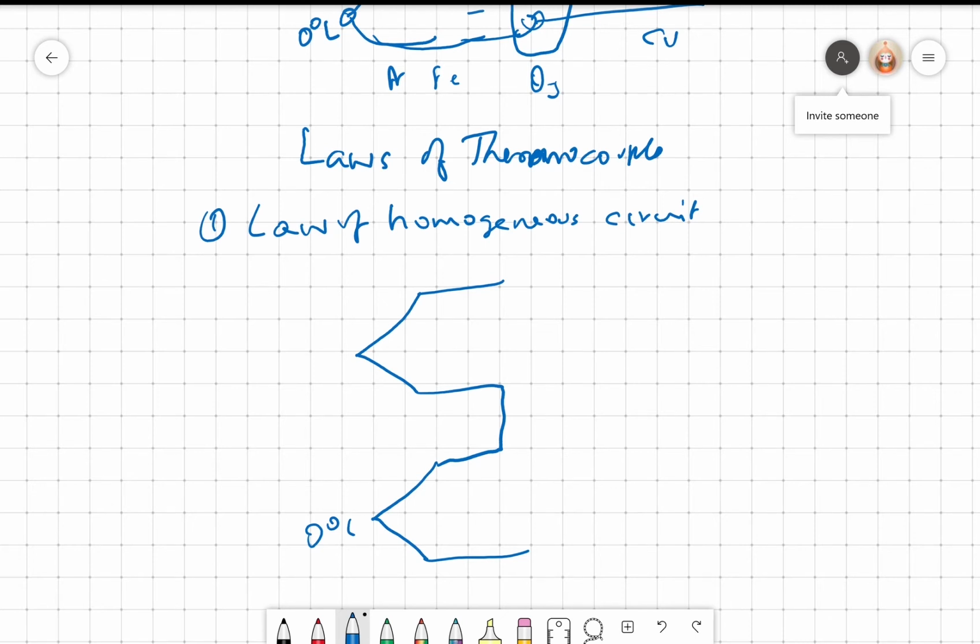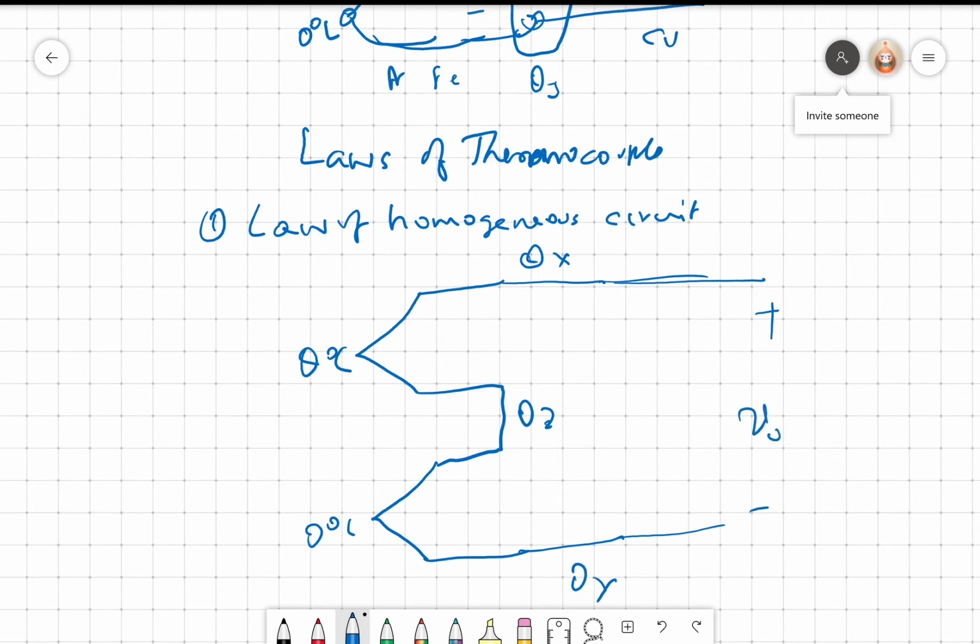It can be, instead of 0 degree centigrade, theta 1 and theta 2, and I will get the difference between theta 1 and theta 2, theta degree centigrade. Normally for measurement, we always use theta 1 and theta 2, right? So it is immaterial. I can have theta x here, theta y here, theta z here, but the output voltage V naught will be only proportional to theta. It is independent of theta x, theta y, and theta z, the temperature on the wires.